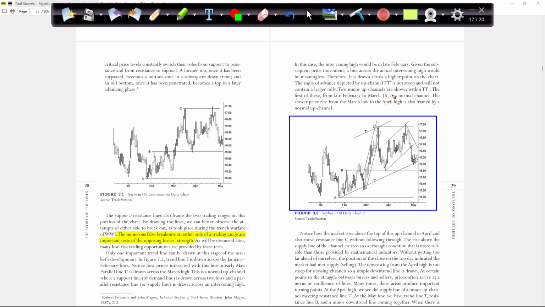Two minor up channels are shown in T prime, this channel, T and T prime.